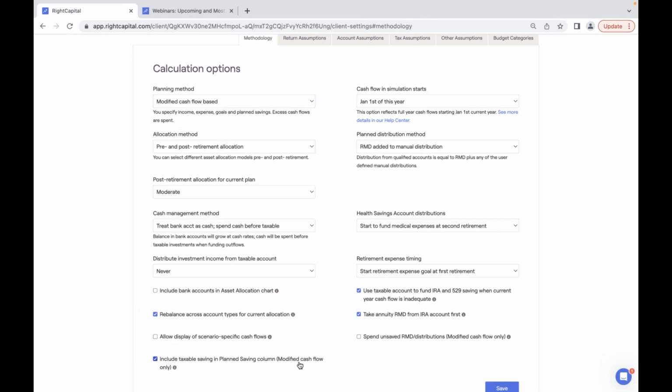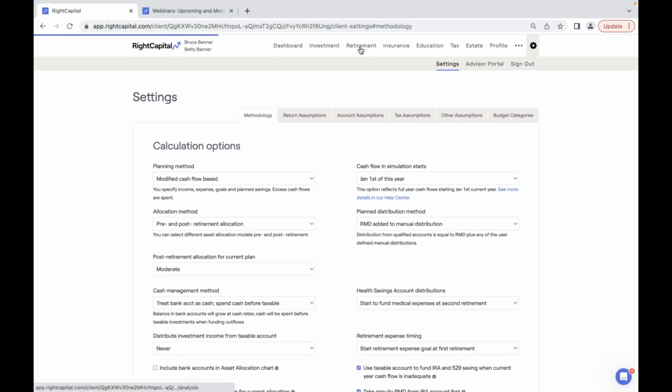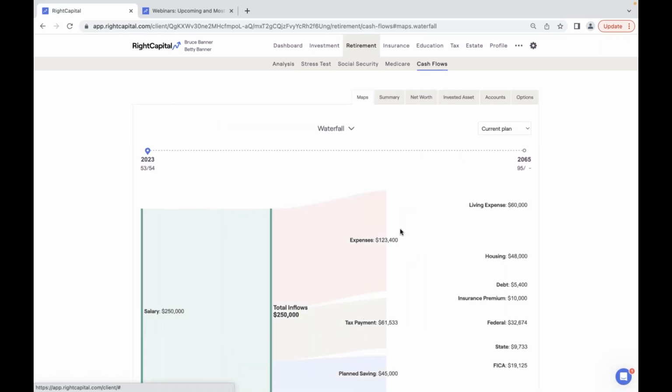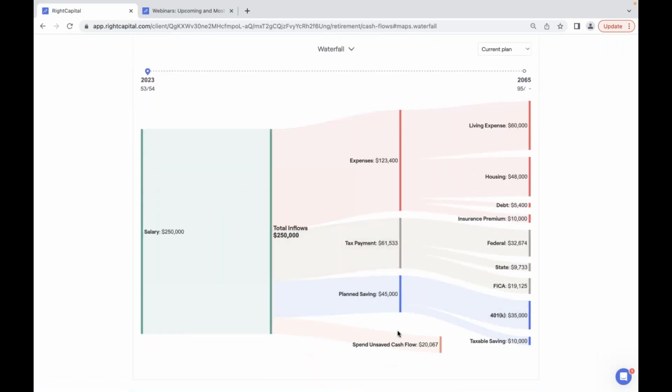And this is for modified cash flow only, because again, this is going to be something that is only available if we choose to save excess. So include taxable savings in planned savings column. If I check that off and hit save, we're going to see that positive net flow move from the net flow area of the cash flows and move into my planned savings.